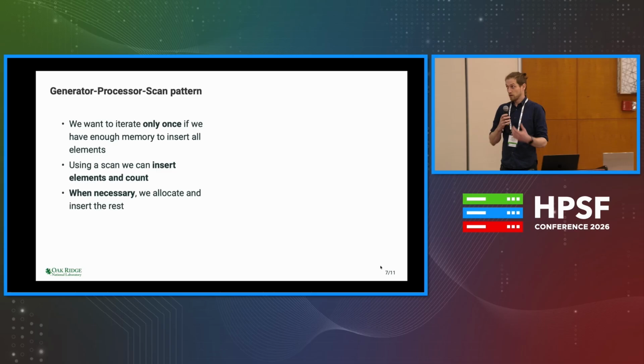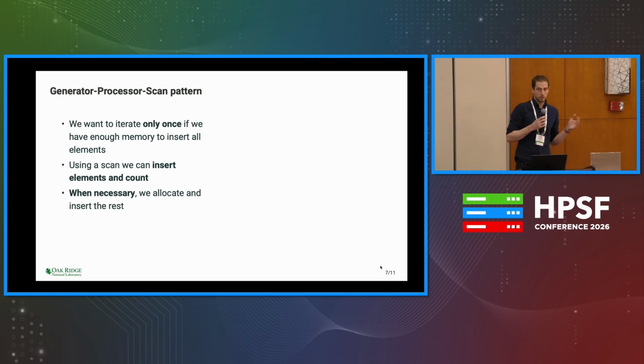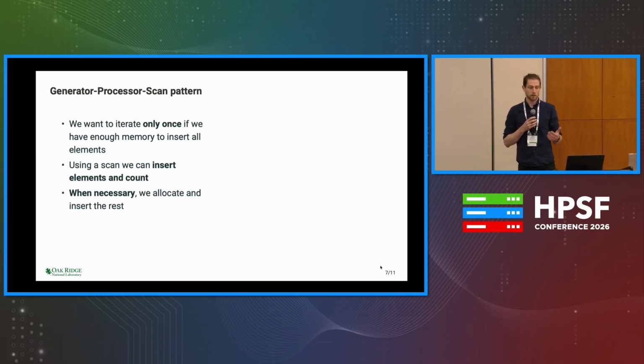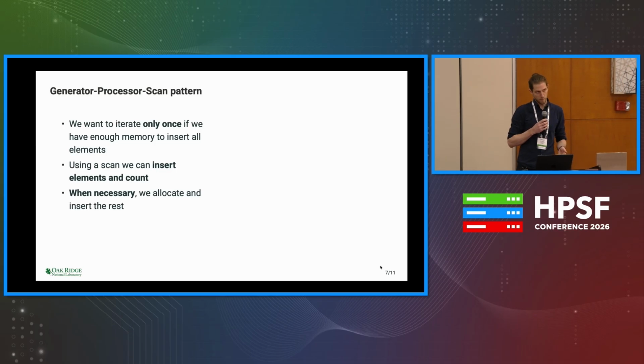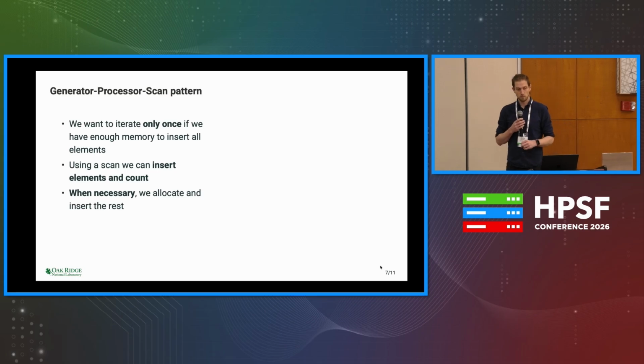Okay, but before we dive into the details, let's do some scoping. So what do we want? If whatever we push these elements into, in this case a vector, or some data storage, already has enough memory to insert all of them, we only want to loop over our index range once.